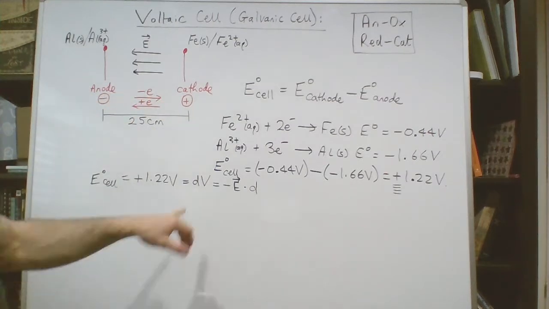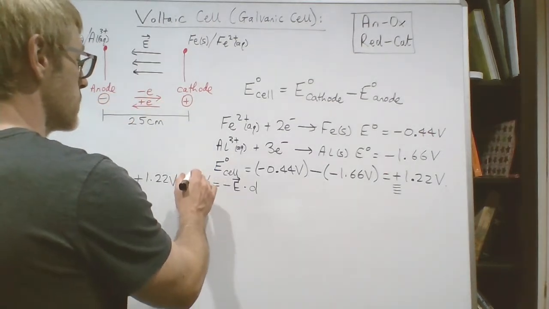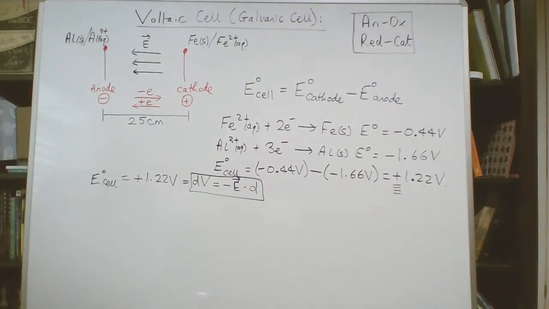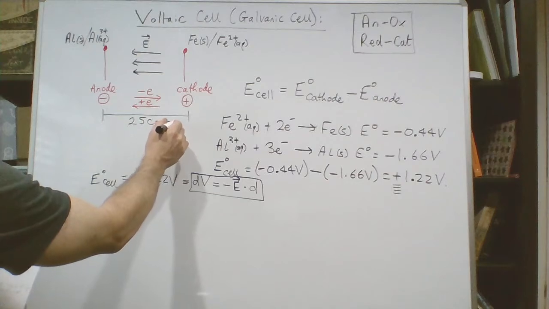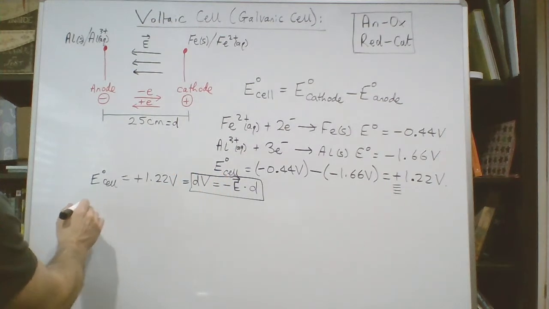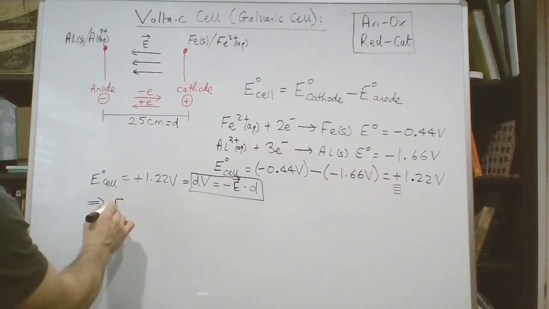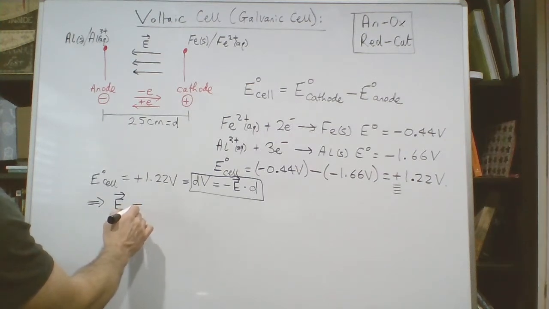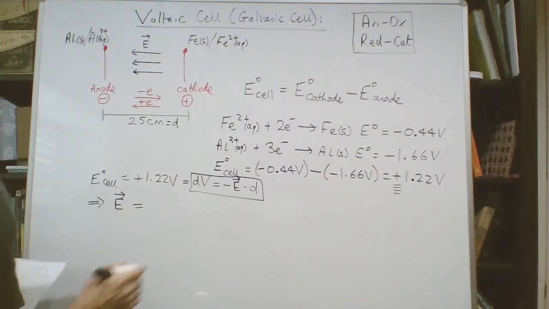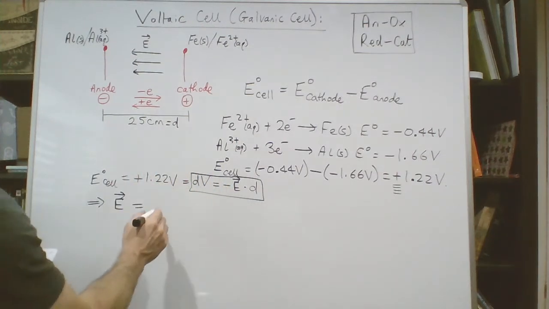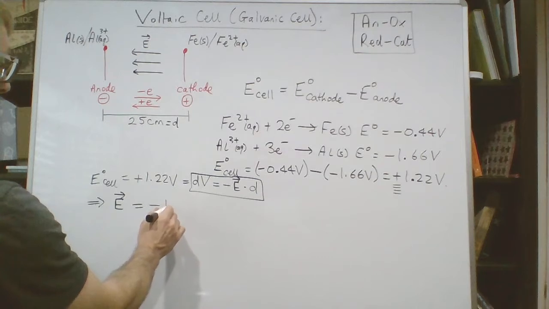So we've got this expression here that you'll recall from a previous video, where this is equal to D. Okay, so let's go ahead and solve for E, the electric field strength. The electric field strength is therefore minus, because I don't want the minus E, so I bring the minus over to the dV. So that's going to be minus 1.22 volts.